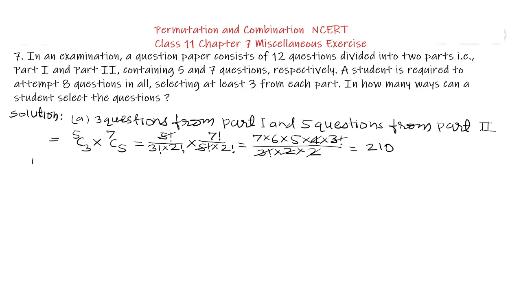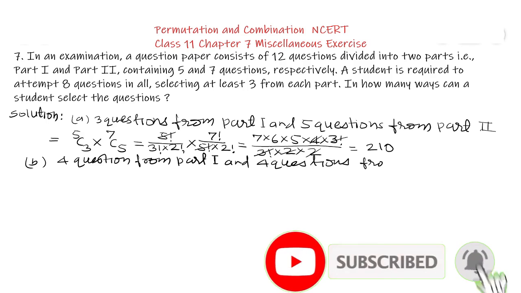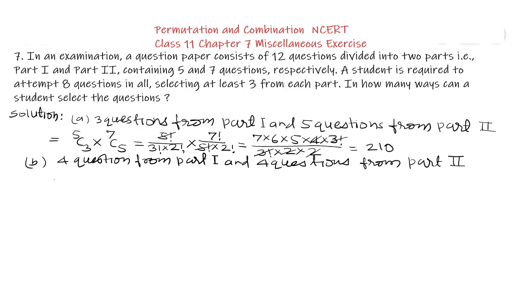Part B, or type B of selecting the questions, is 4 questions from each section. 4 questions from part A or part 1 and 4 questions from part 2. This can be done in 5C4 multiplied by 7C4 ways.